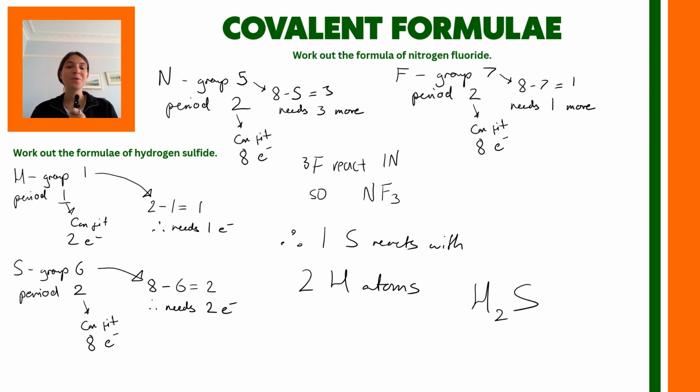To make that balance, 1 sulfur reacts with 2 hydrogen atoms. So for hydrogen sulfide, I have the formula H2S: 2 hydrogen, 1 sulfur.